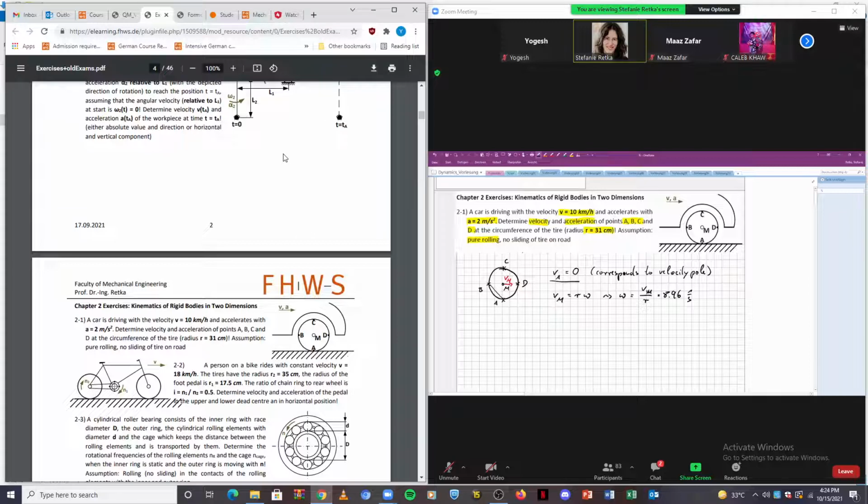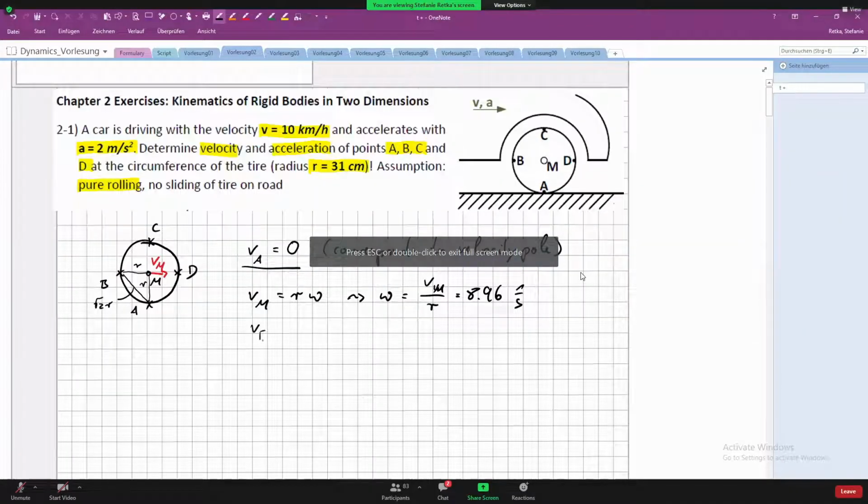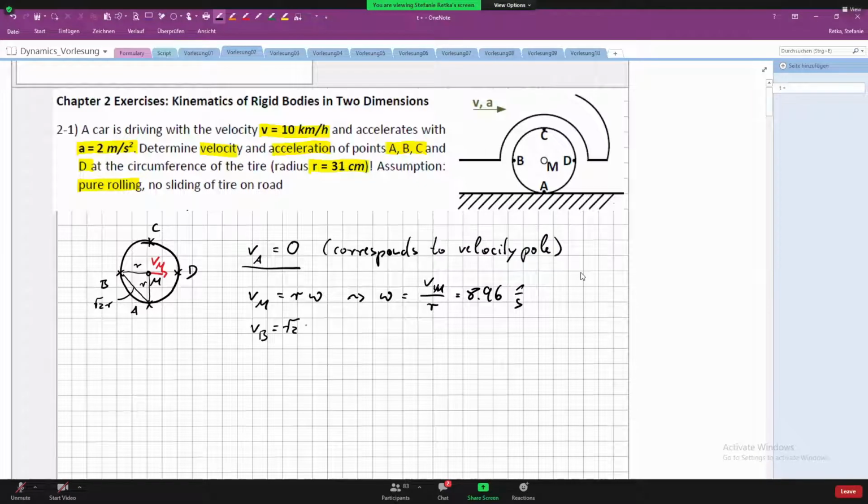Now, we know that this is the radius, and this is the radius, our triangle with right angle, and then this distance right here is square root of 2 times r. So Vb is equal to square root of 2 times r times omega.